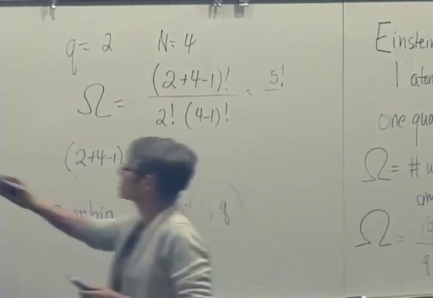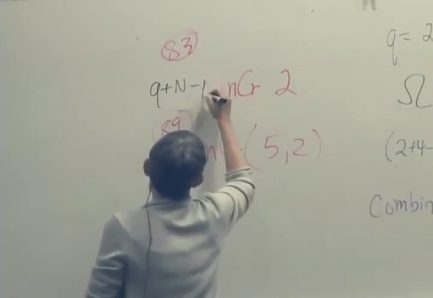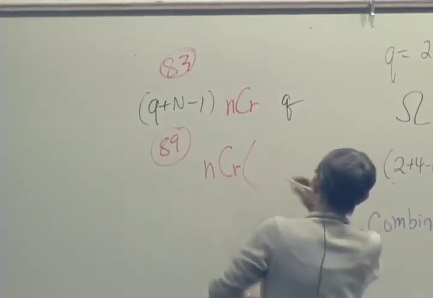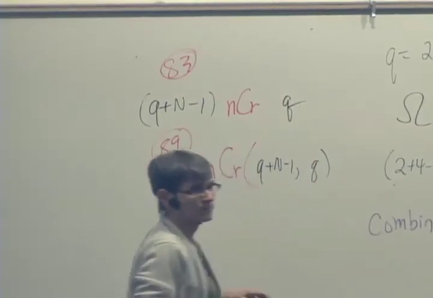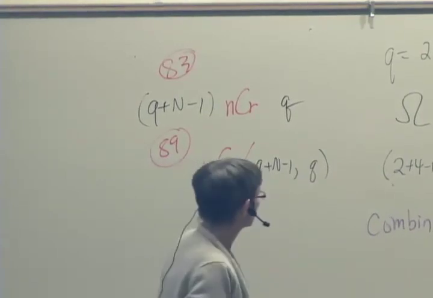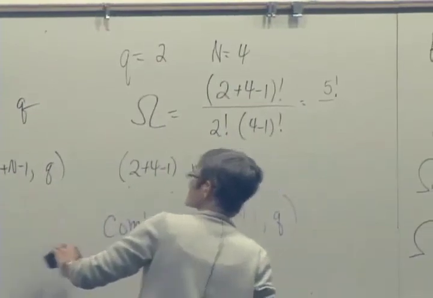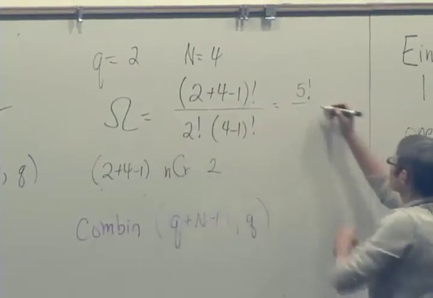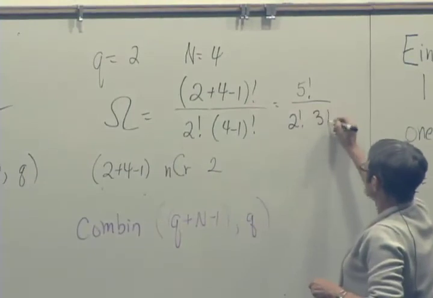So here we've got Q plus N minus 1 and Q. So most people got 10. You get 10? Okay, let's work it out. This is small enough that we can work it out ourselves. It's going to end up being 5 factorial divided by 2 factorial times 3 factorial.